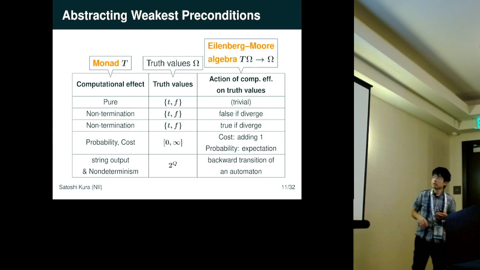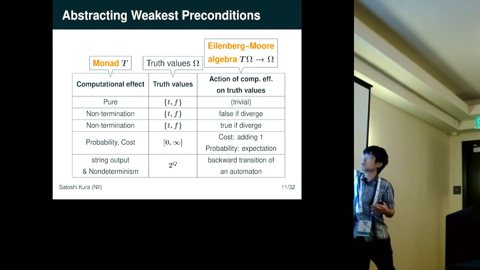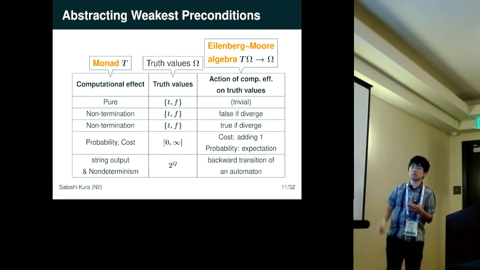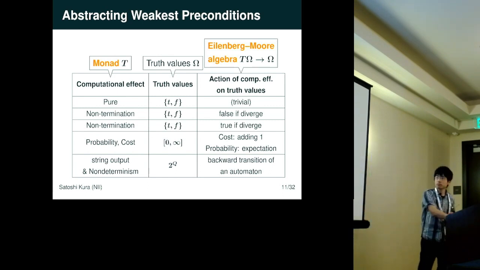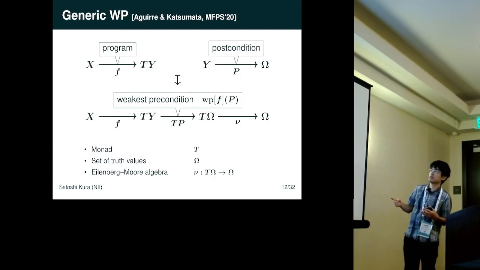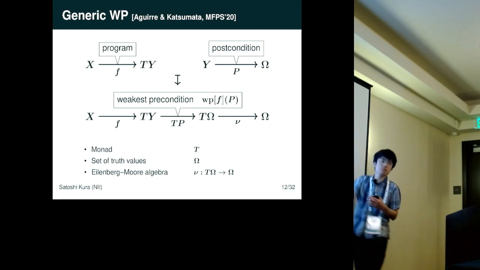So, in general, the weakest precondition is defined for each combination of a monad, a set of truth values, and an Eilenberg-Muir algebra on omega. So this is the definition of generic weakest precondition proposed by this paper.